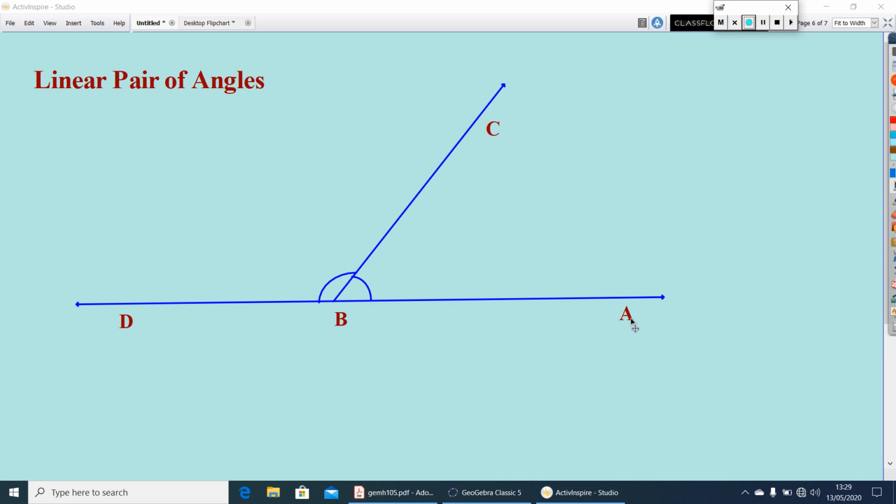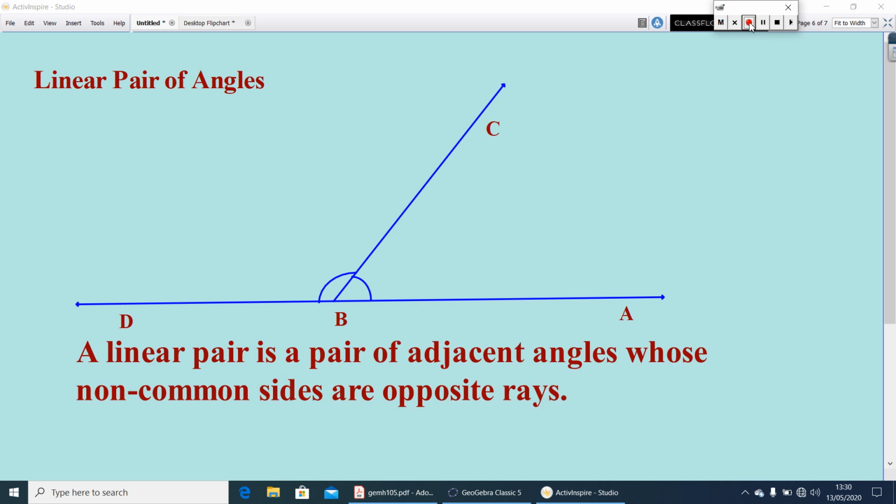Here angle ABC and angle CBD are a linear pair of angles. So we can define a linear pair as a pair of adjacent angles whose non-common arms are opposite rays. Here BA and BD are non-common arms and they became opposite rays. Such angles we can call a linear pair of angles.